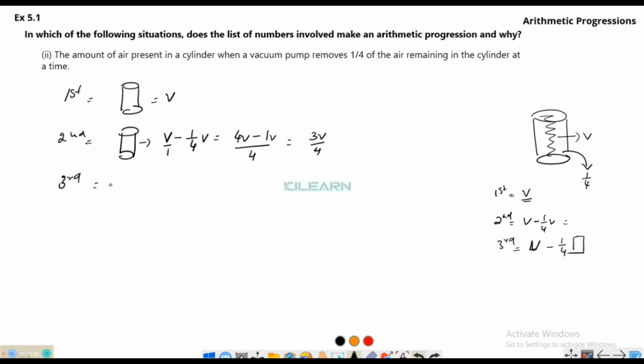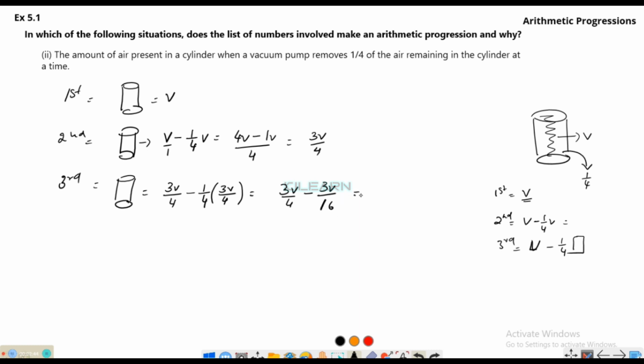For the third time, what happens? Now I have 3/4 of the volume left. From that, 1/4 of the volume is removed, which gives us 3V by 4 minus 3V by 16.